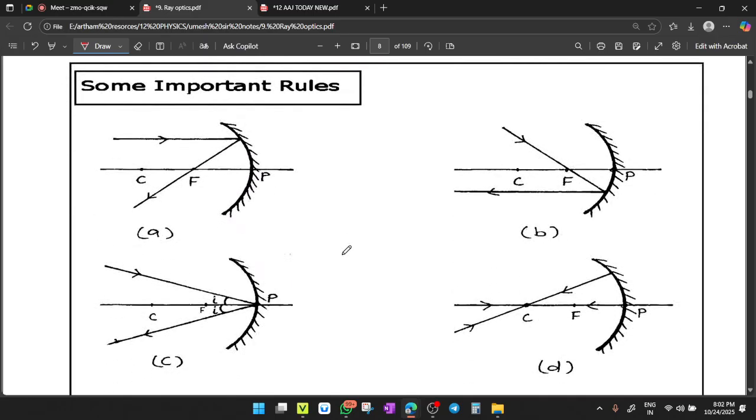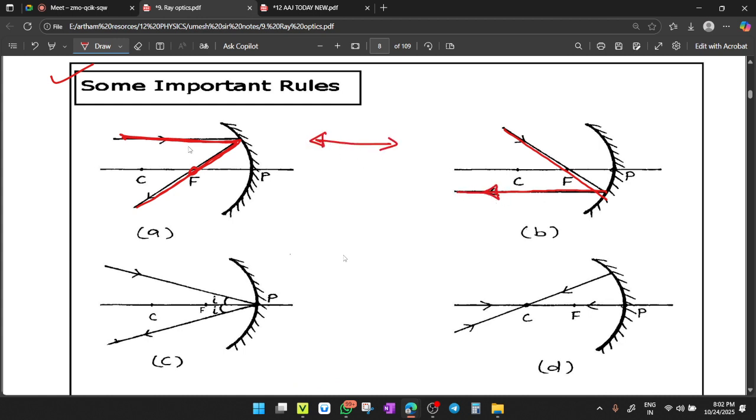Some important rules. Make these diagrams, they are very important. First, the rays coming parallel to the principal axis pass through the focus. This is the first rule. Second rule, if the ray is coming parallel to the principal axis, it passes through the focus. But when it comes from the focus, after reflection it will go parallel to the principal axis, just vice versa.